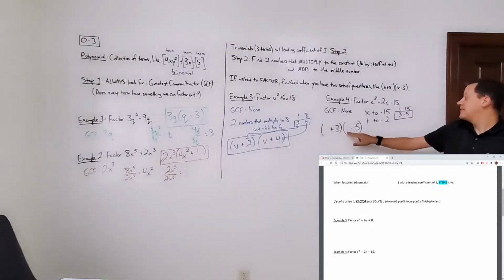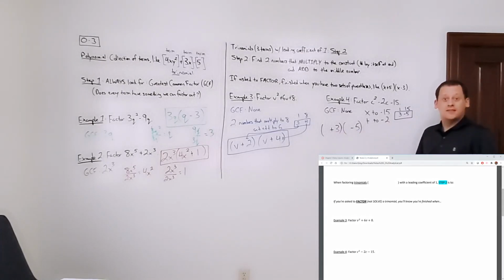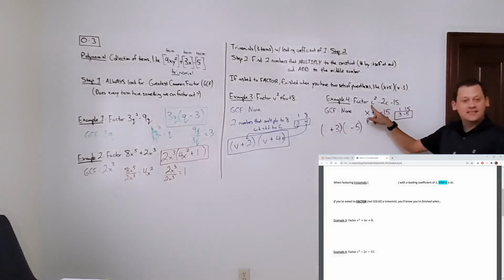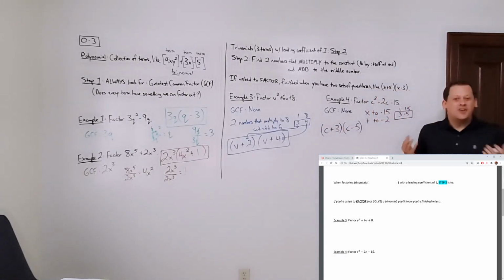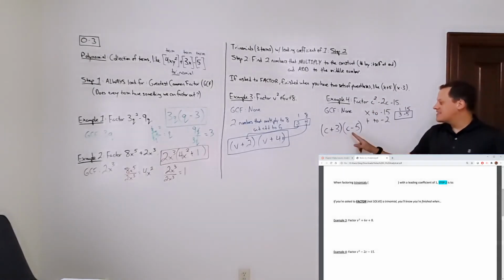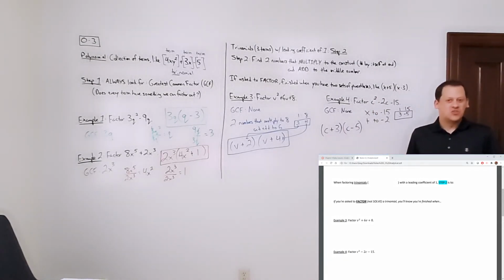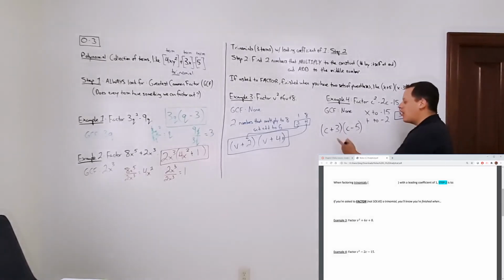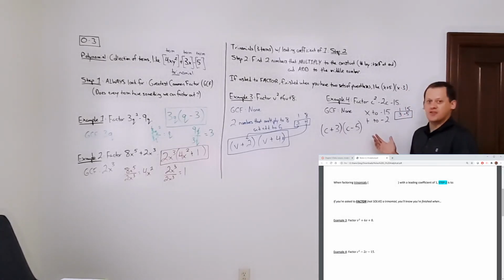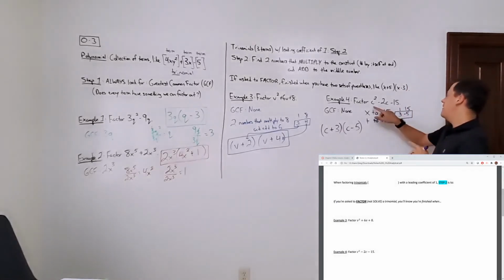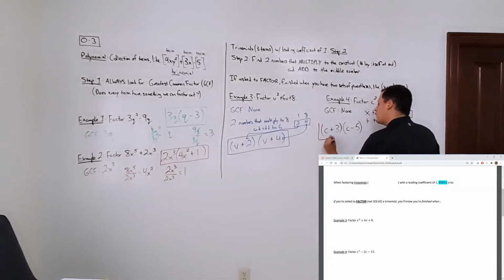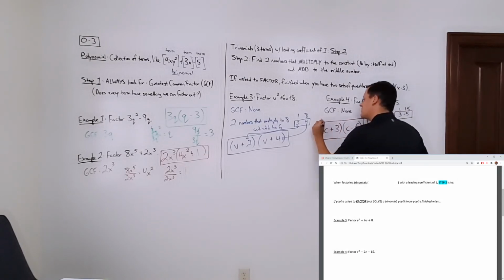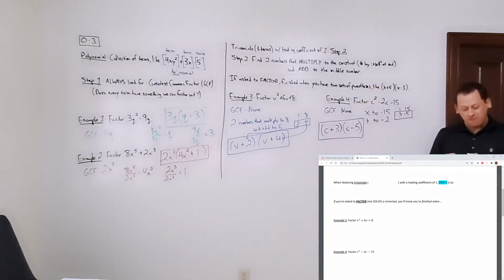And in front, same as the last problem, goes the letter. This is about C, so we put C in front. I know we usually use the letter X in algebra, and if you put X's in here, I wouldn't be super upset about that. I would probably still consider it right if you did everything else right, but try to keep your eye on what letter is being used in the problem so you can use that one. But here we have C plus 3 times C minus 5, and we have factored that polynomial.